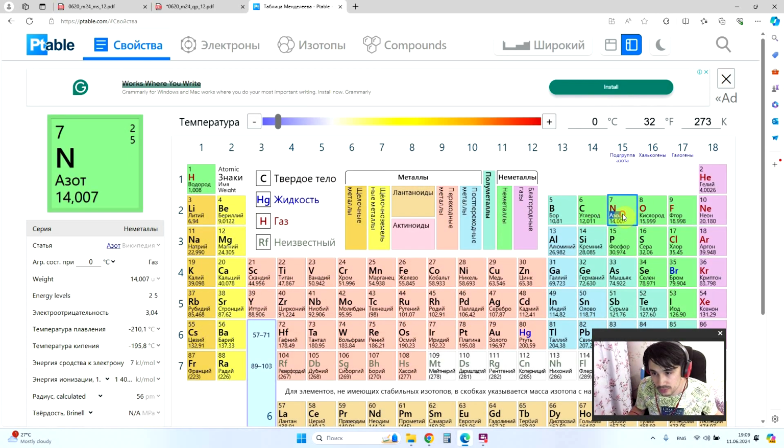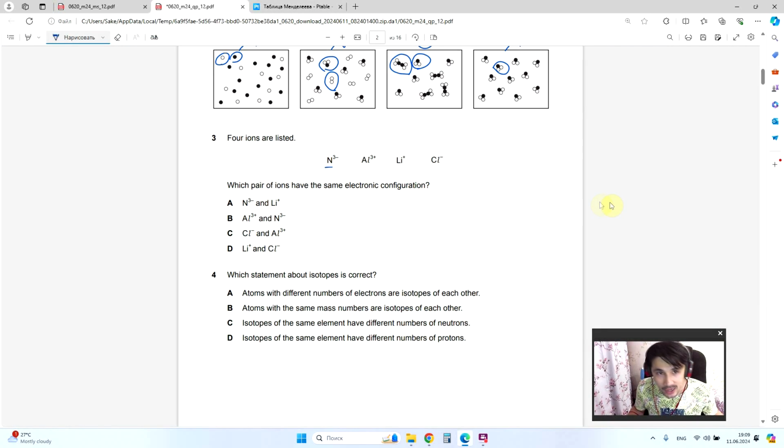So nitrogen is an element number 7, so we need to pay attention to the smallest number, which represents number of protons first and electrons if atom is electrically neutral. So nitrogen contains 7 electrons, but look, we don't have an atom, we have ion with charge 3 minus, and we need to remember how ions are produced.